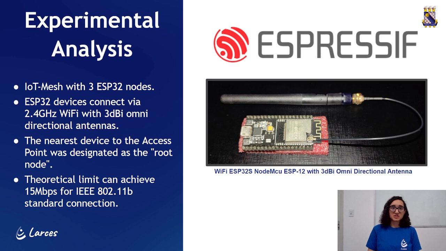The ESP can achieve a maximum rate of 15 megabits per second in AP mode, following the IEEE 802.11b standard. But the performance in mesh networks is unpredictable, so we decided to test the limit with mesh topology.